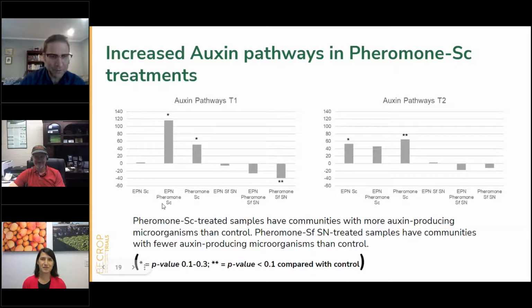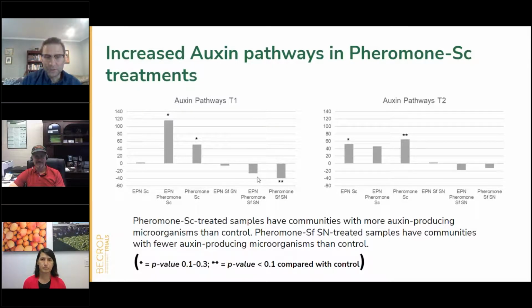I apologize, David. But we see that we have an increase in auxin pathways, but it's not so much where we have the nematode itself. We're really just seeing it where we have the presence of the pheromone. So we see it increased in the pheromone with the nematode as well as just the pheromone alone.